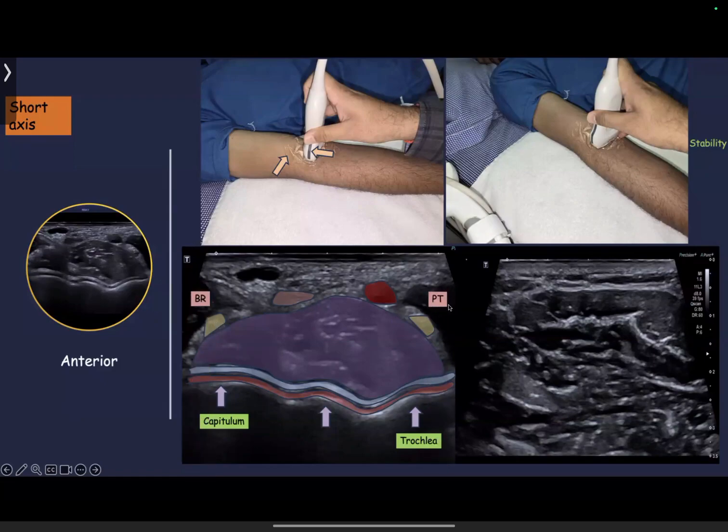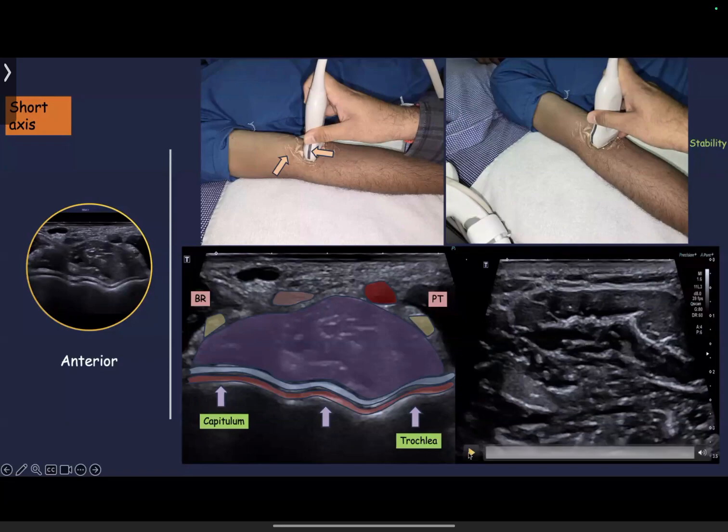So again, medially we have pronator teres and laterally the brachioradialis. We'll say this anatomy again because it is very important to learn this anatomy on the anterior aspect of the elbow. The median nerve lies between the brachialis and pronator teres, and the radial nerve lies between the brachioradialis and the brachialis muscle.